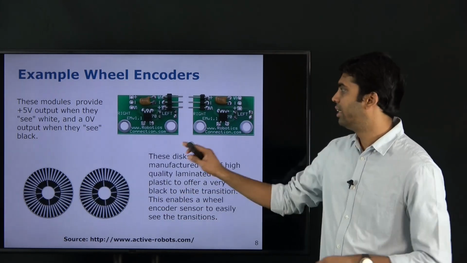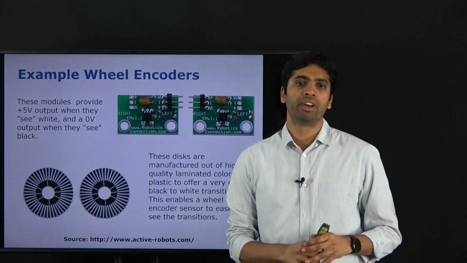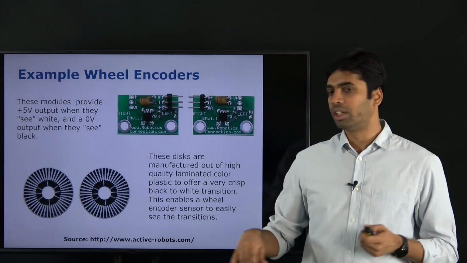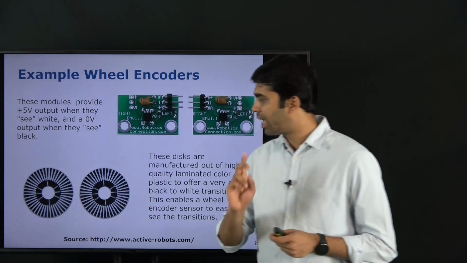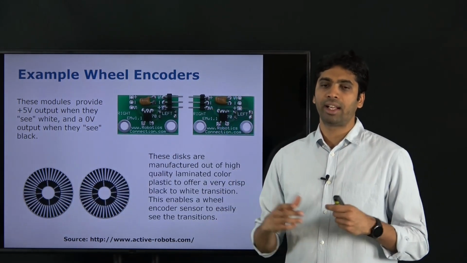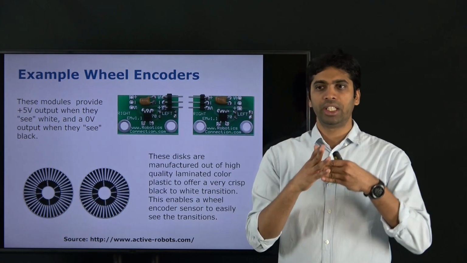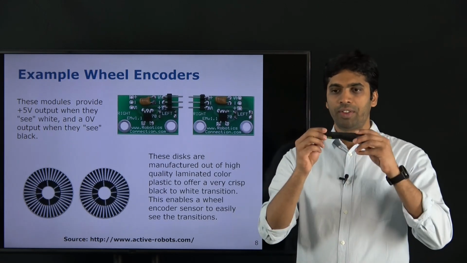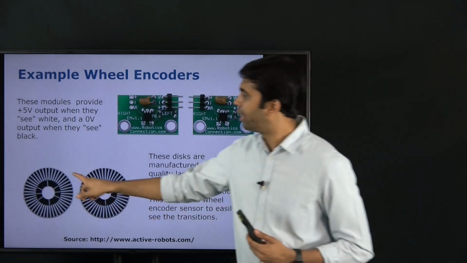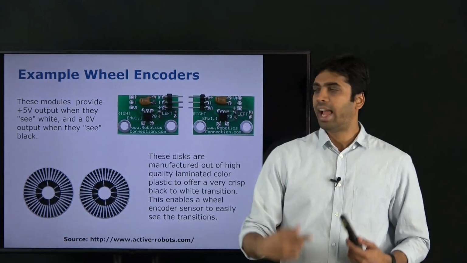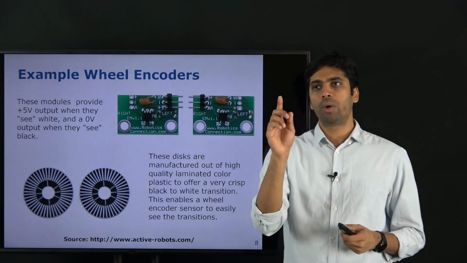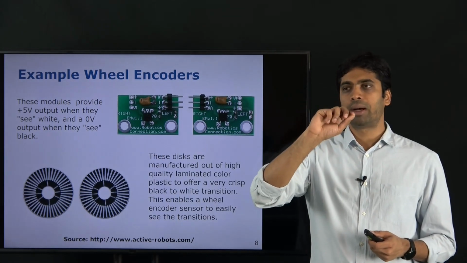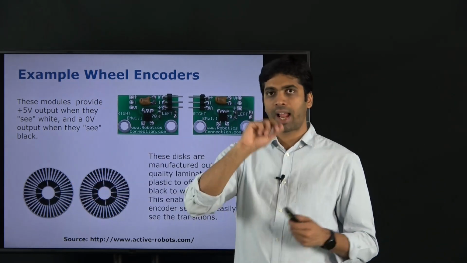What you see here is the setup that you have for wheel encoders. You usually use a disk which has alternating white and black lines, and you attach this to the shaft of a motor. Therefore, when the motor rotates, this disk also rotates. Some associated electronics figure out when you move from a white line to a black line.